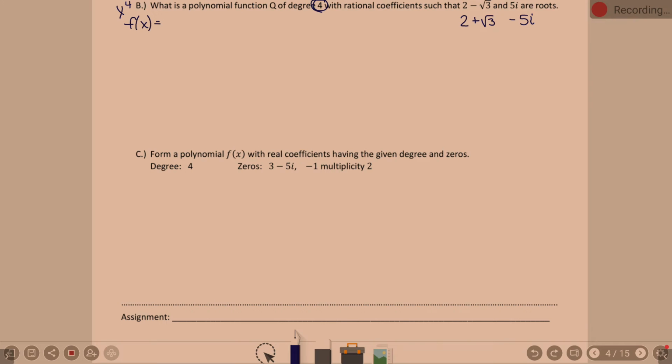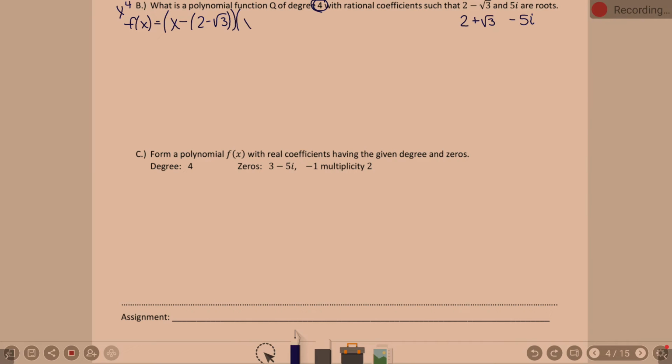First of all, I would definitely write the like pieces next to each other. It's x minus 2 minus square root of 3. I put the extra set of parentheses in first; if you want to do that all as one step and take the extra parentheses out, that's fine.